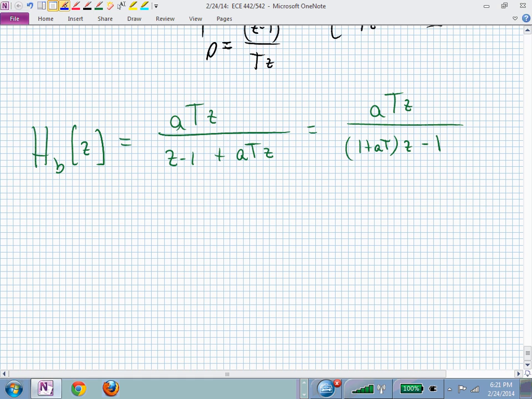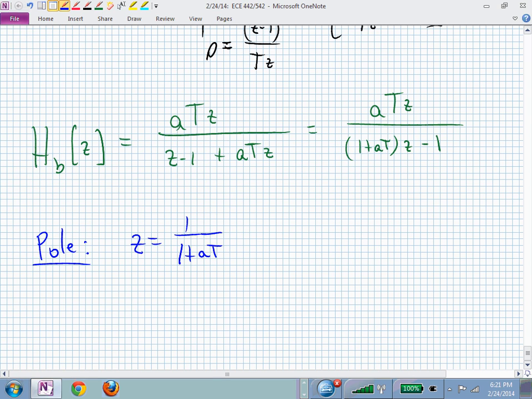And do we feel okay with that as a way of approximating h of s? Are they even close? Do we have any poles? Just set the denominator equal to 0 and see what happens. Solve for z. And we get z is equal to 1 over that coefficient that's scaling z. So that we have a pole at 1 over 1 plus aT.